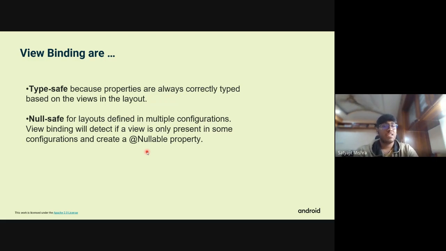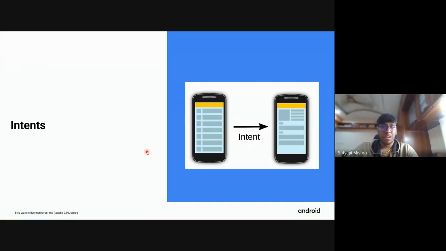So view binding automatically removes that error because it will automatically create the binding object based on our layout file. So we don't have to worry about the ID being a null type. We'll get into that when we go into the live demo part. This is just the theory part to give you a basic understanding.